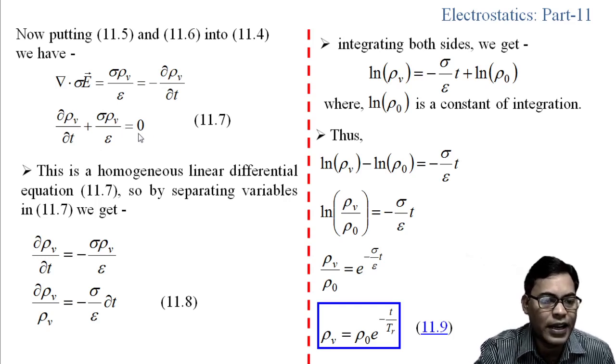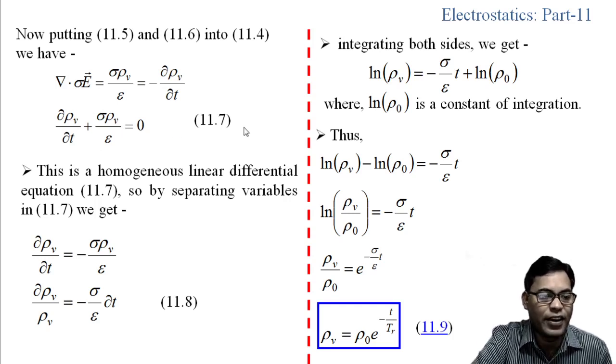So by separating the variables in equation 7, what we are getting is dou by dou t of rho V equals minus sigma rho V by epsilon. From that we will get d rho V by rho V equals minus sigma by epsilon into dt. So here you know it is the standard form dx by x.